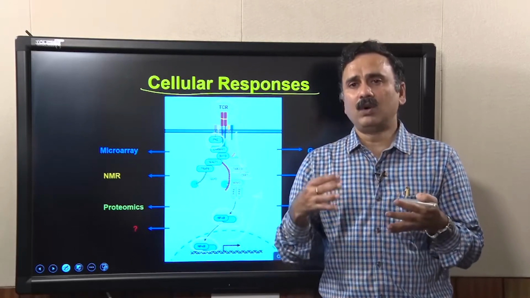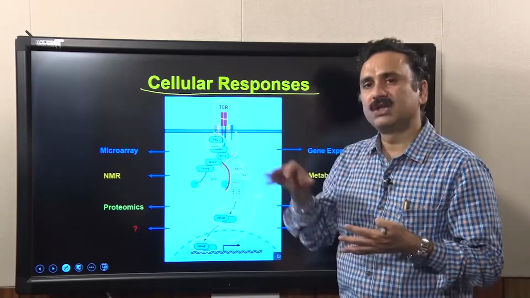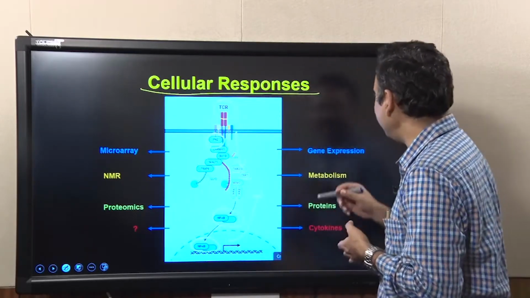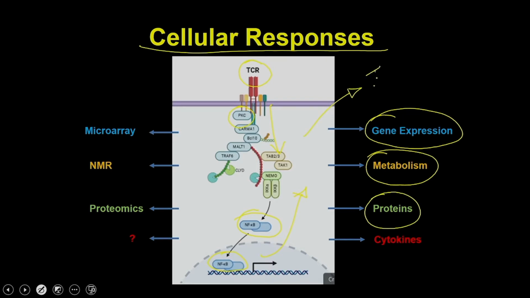But at the end, what you are going to see is that in the event of any such signaling, it is going to change the gene expression of that particular cell. It is going to change the metabolism of the cell, and it is also going to change the proteins of the cell. And if this particular cell is an immune cell, for example the T cell or the B cell, it is also going to change the cytokine secretion from this cell.